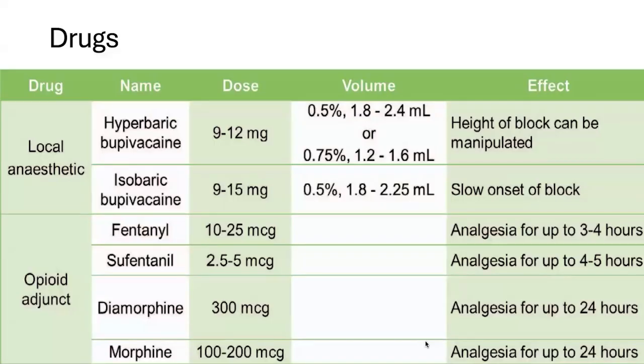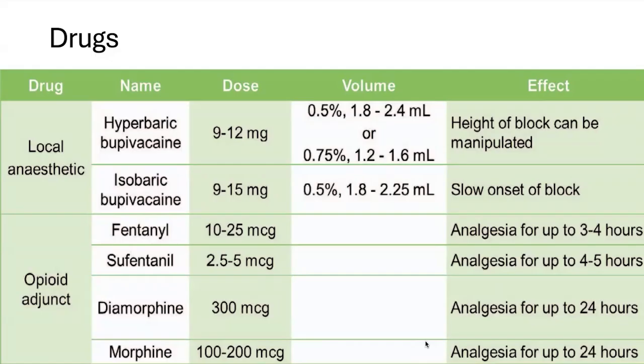Isobaric bupivacaine we also use for subarachnoid blocks. There was a time we had to use it because we didn't have hyperbaric bupivacaine, 9 to 15 milligrams. There we had to cut down on the dose because it can spread up even with a small dose.